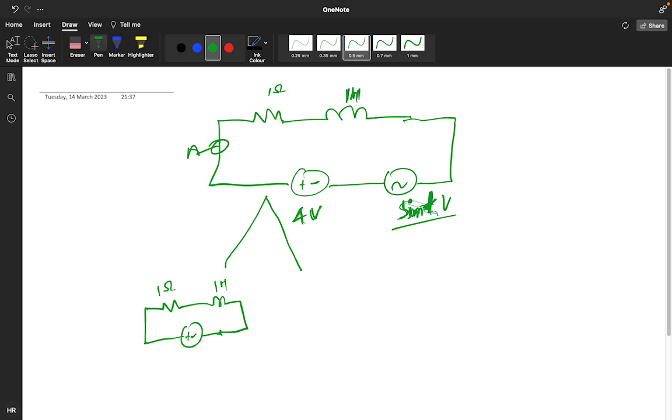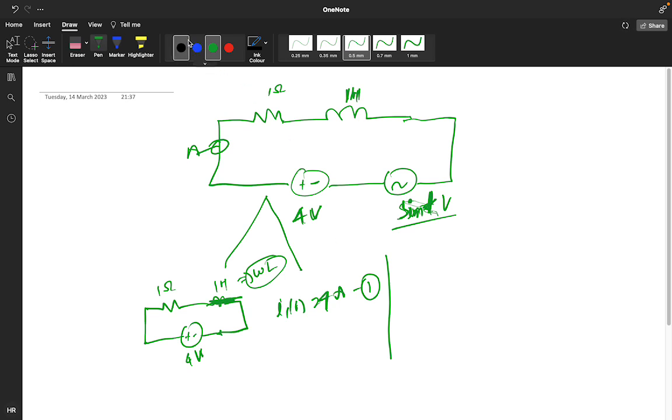If it is a DC signal, 4 volt, there is no omega. So omega L is what? If you are considering the DC signal, the omega value is 0, so the inductor becomes a short circuit. By using this, you get I1 of t is 4 ampere. You got the value of I1.